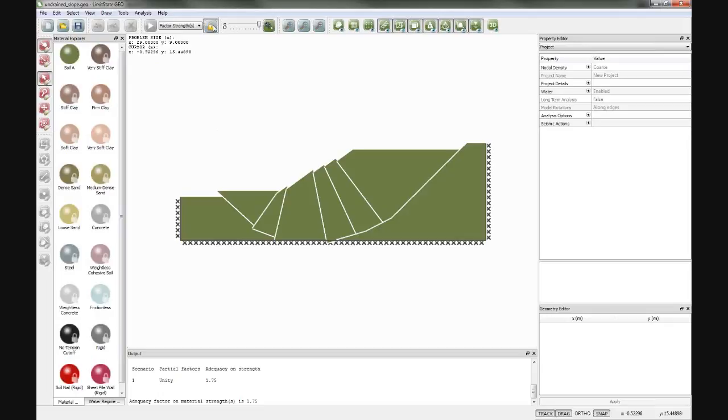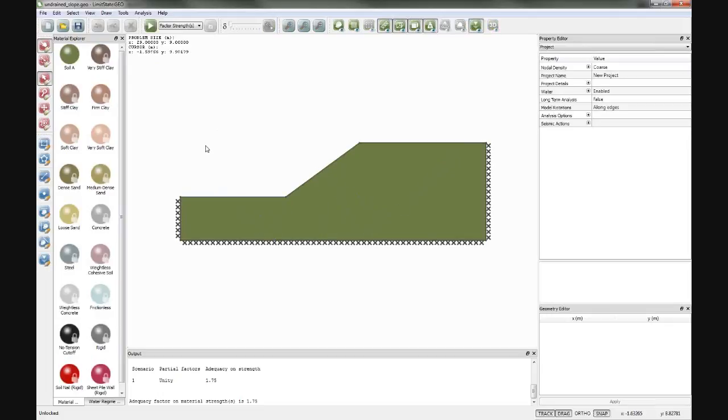So that might well be perfectly adequate, but if you want to improve that, we could perhaps add a berm, and I could use this tool here, the polygon draw tool, and perhaps I would start here at a fairly shallow angle. I need to draw the whole polygon out, and I can take a dense sand.